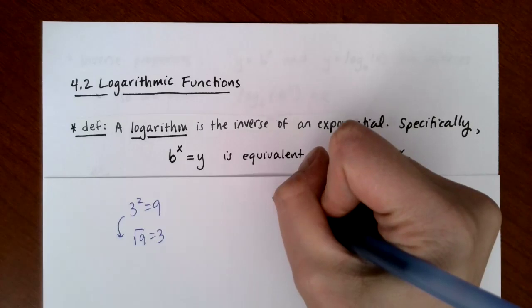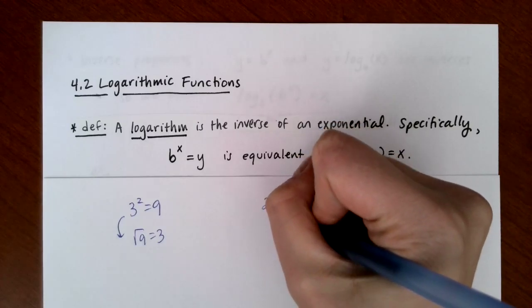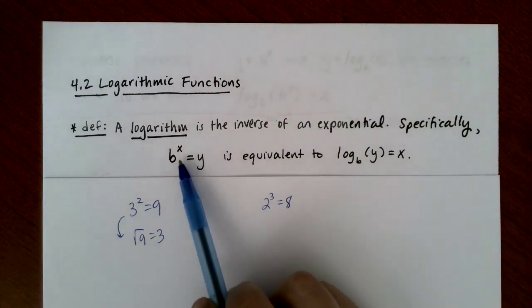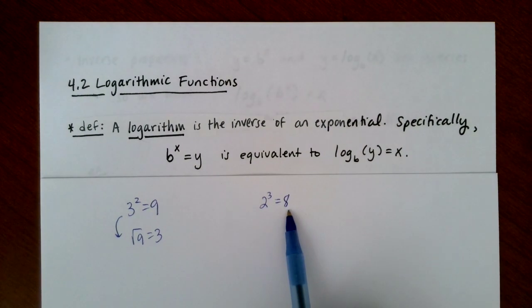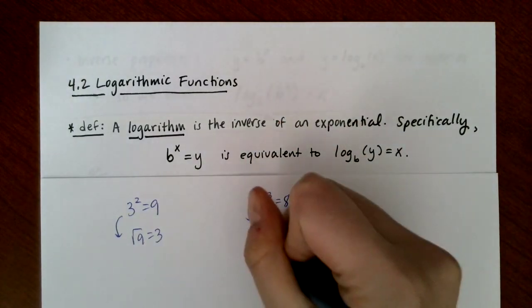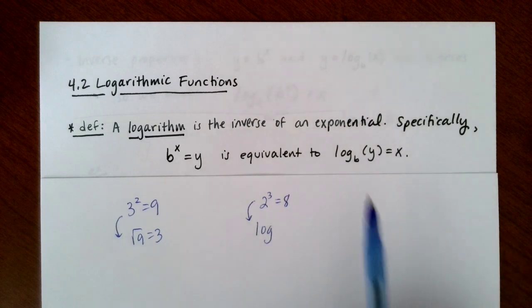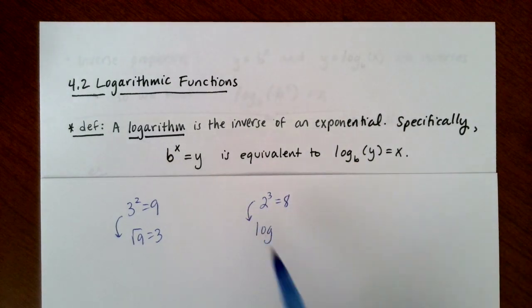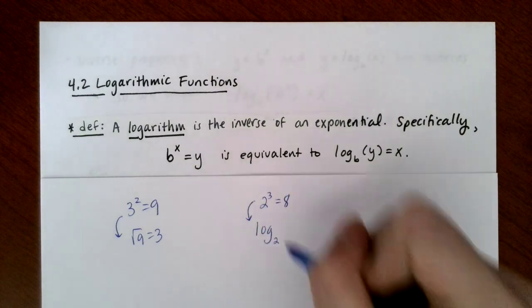So if we have, let's use different numbers here. 2 cubed equals 8. This can be my b, my x, and my y. Then the equivalent logarithmic statement would be log, so the base of the log here should be the base of the exponent. So this will be log base 2.